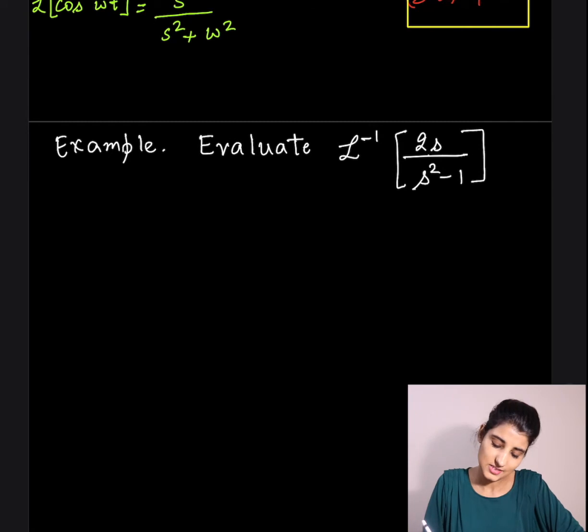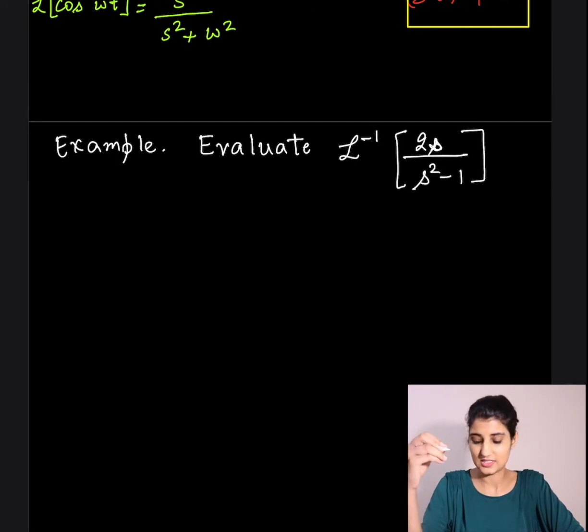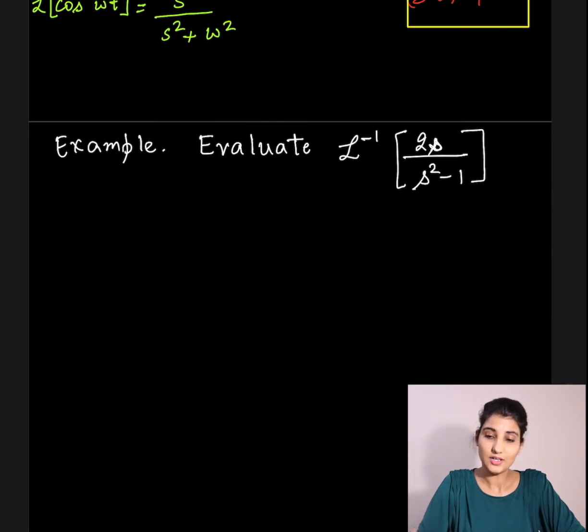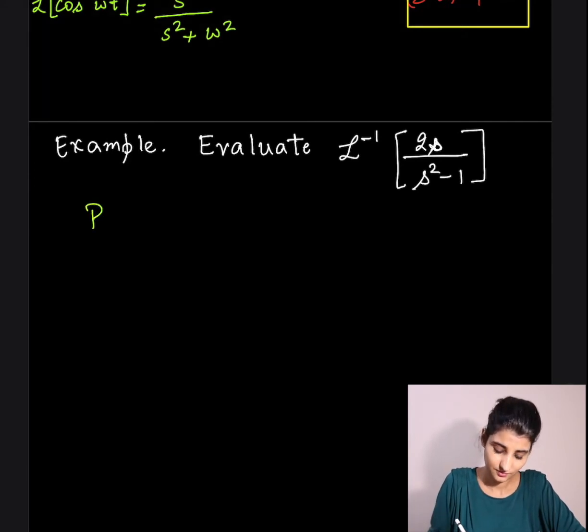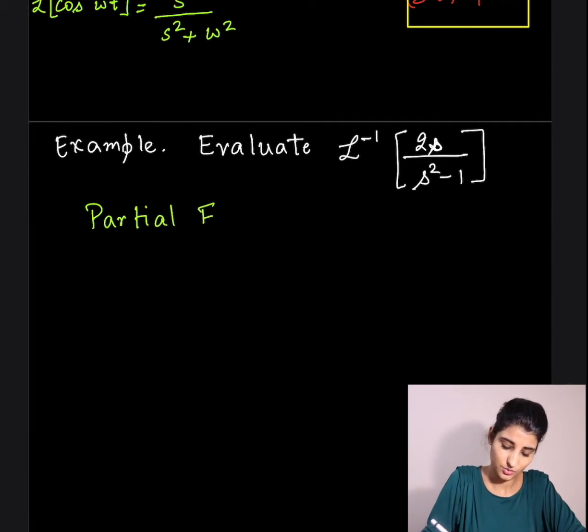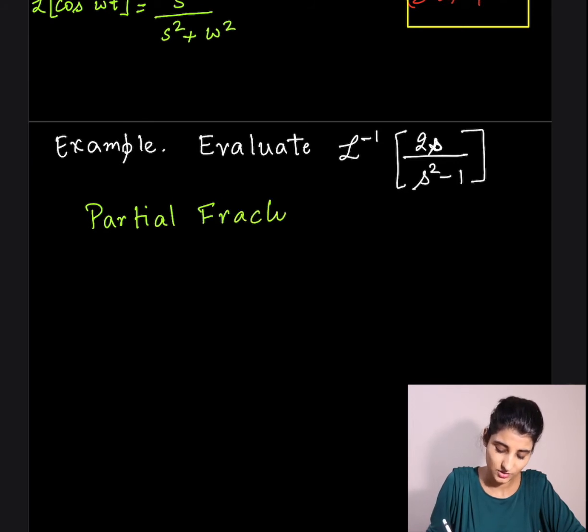If you look at this function carefully, 2s divided by s square minus 1, this function doesn't appear in our table directly. So we need to modify this function a little bit so that we can compare it with our table. So we are going to use partial fraction here. So method of partial fraction.